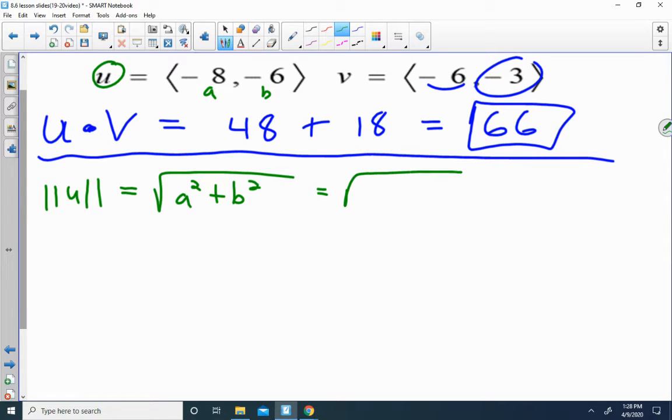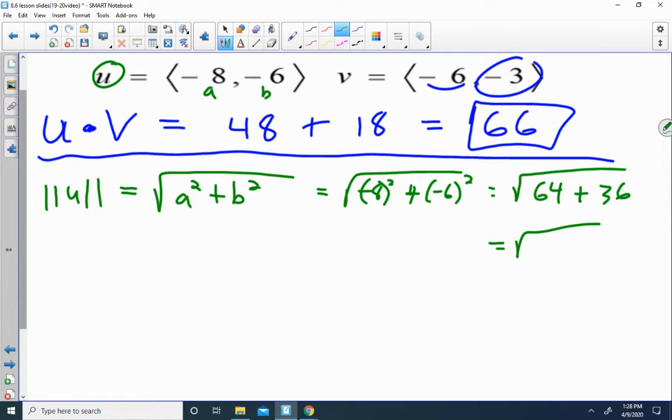All right, so I got to do negative 8 squared plus negative 36 squared. And that's going to give me the square root of 64. Why is it negative 36 squared? It should be negative 6 squared. There we go. And then add that to 36.